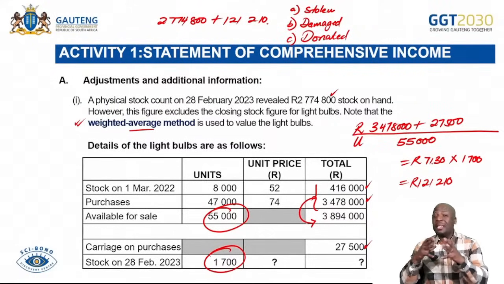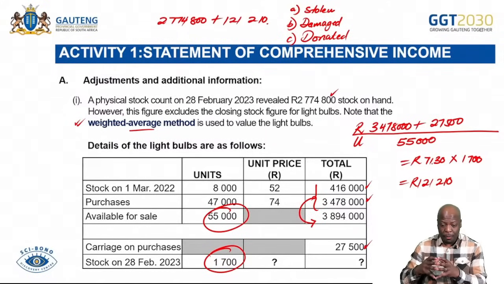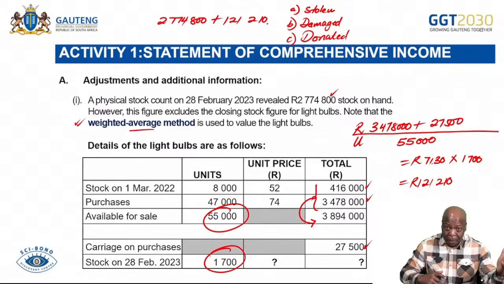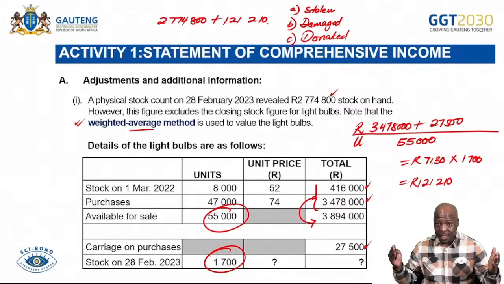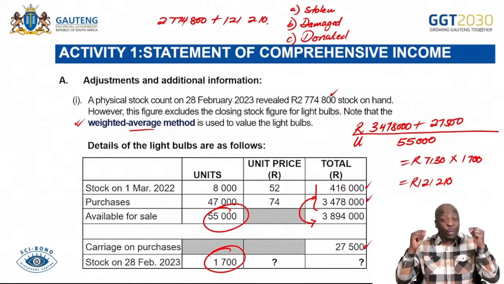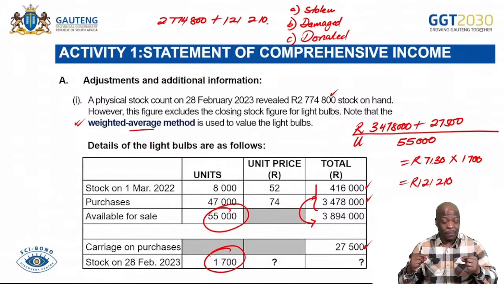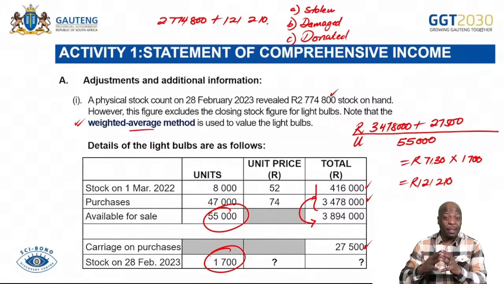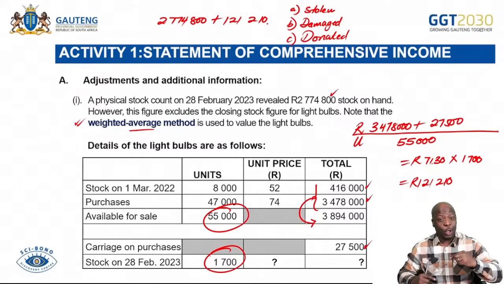So whenever the examiner brings in the aspect of physical stock count of stock, what the examiner wants to drive to eventually is the calculation of trading stock surplus or trading stock deficit, depending on the question that is on hand. In this case, we are preparing the statement of comprehensive income. So definitely we have to consider our trading stock surplus or trading stock deficit.